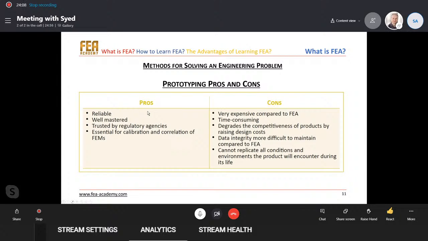The disadvantages are they are very expensive compared to FEA, and they are, as I said before, time consuming. And they degrade the competitiveness of the product by raising the design cost. And they cannot replicate all the conditions and environments the product will encounter during its life. It is a huge limitation when we use the experimental methods.